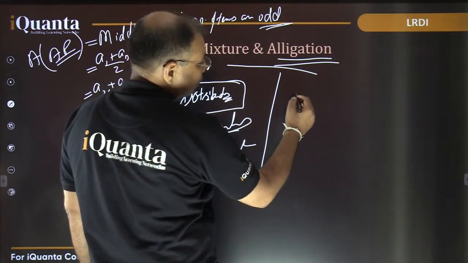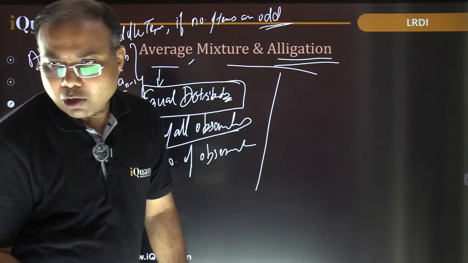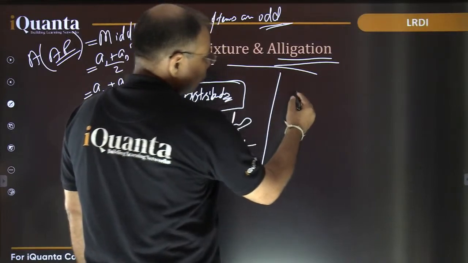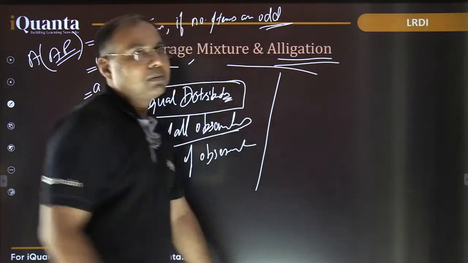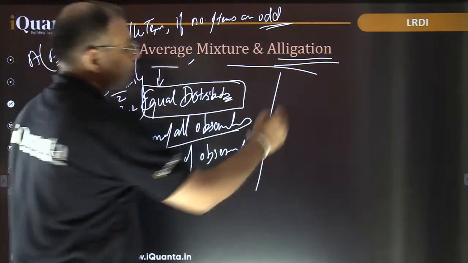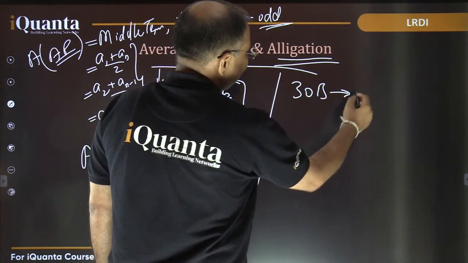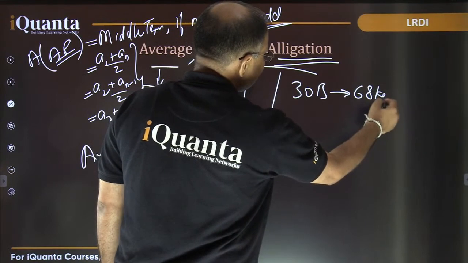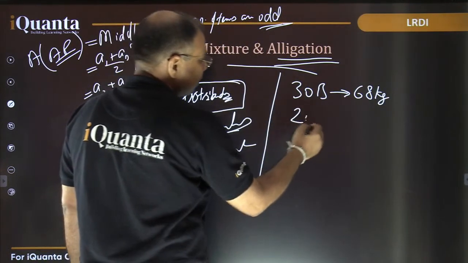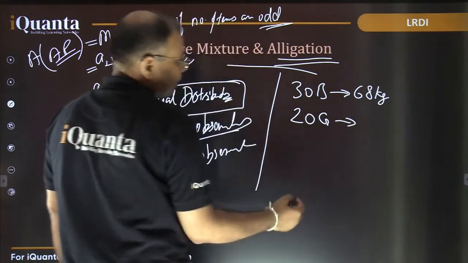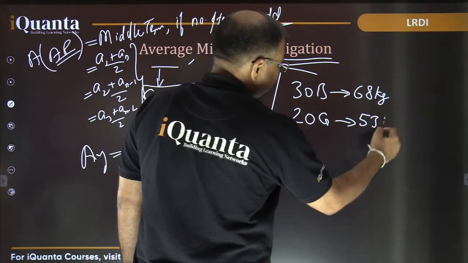In the allegation formula, I hope you can quickly answer this one. I think Gunjan or somebody was talking about the allegation formula earlier. Let me take an example. There are 30 boys whose average weight is 68 kilograms per person, and there are 20 girls whose average weight is 53 kilograms per person.